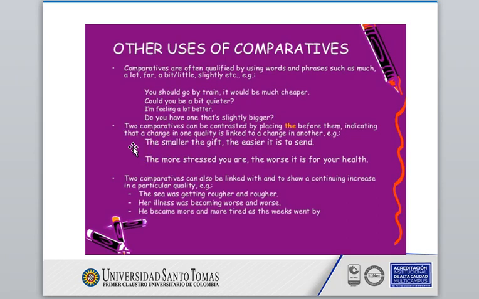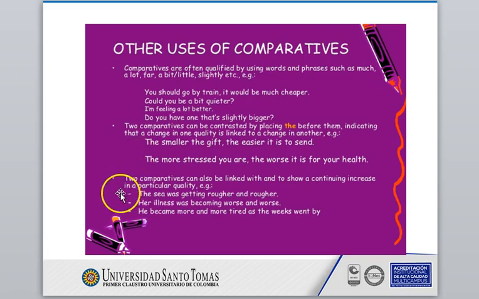But this is again a very common use of the comparative adjective, when you don't want to indicate any change. Okay, so this characteristic here is pretty much the same. The more stressed you are, the worse it is for your health. So just for you to know that this structure is also possible.